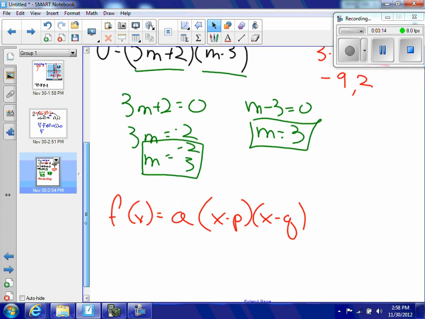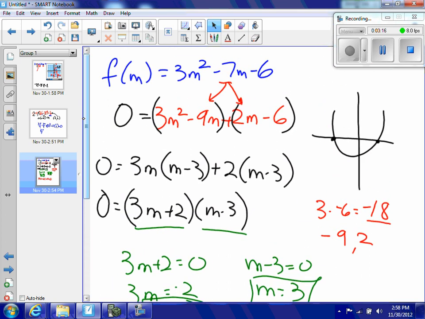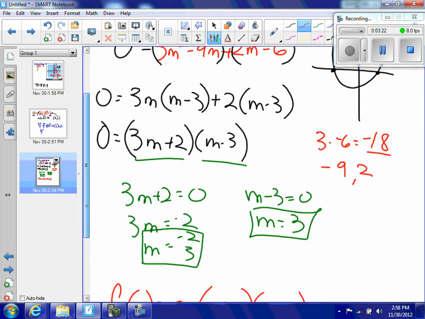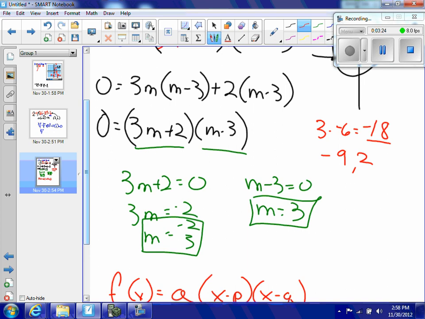I know from my original function right up here that my a is 3. And I also know that because I pulled that out when I did the factoring, I pulled out a 3 to get, well, if I pulled out the 3, it would look like 3 times m plus 2/3, which would give me my m of negative 2/3.